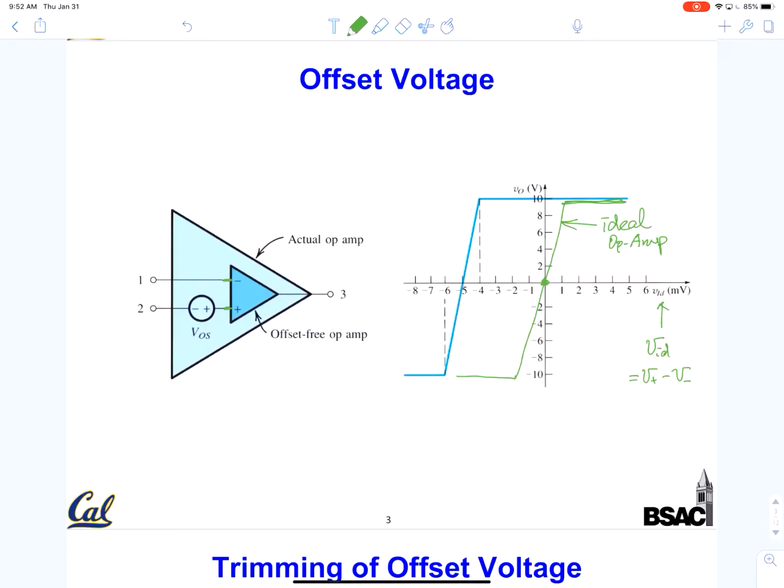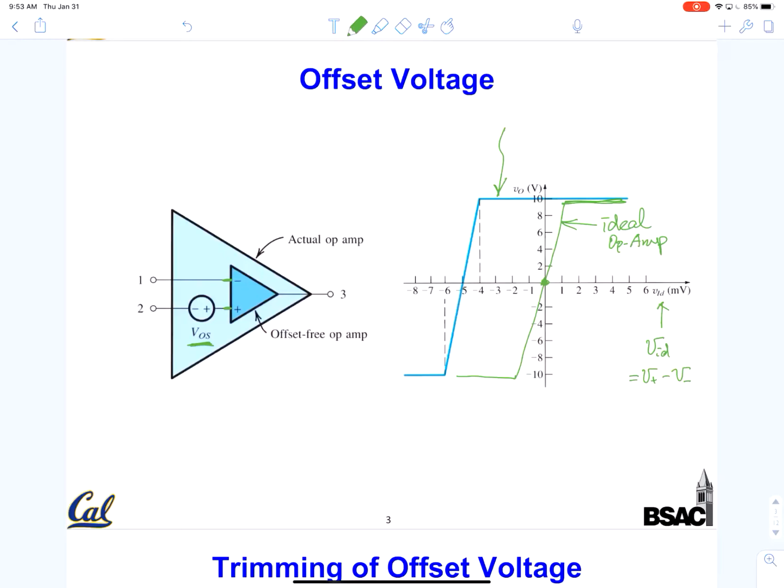If these two transistors are literally identical, then there's no offset voltage. In reality, even though they are the same design, there are always some minute differences. These minute differences manifest as an offset voltage. So this is a representation to remind us that there exists a finite offset voltage. The effect of the offset voltage is such that the transfer curve is shifted to either the right or left side, depending on the particular mismatch.